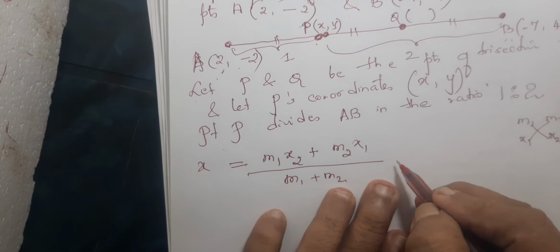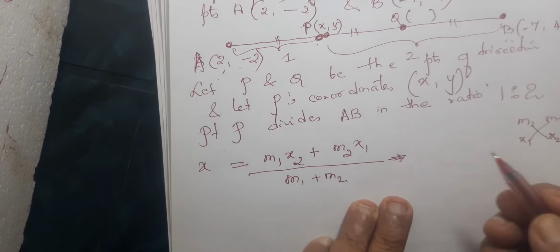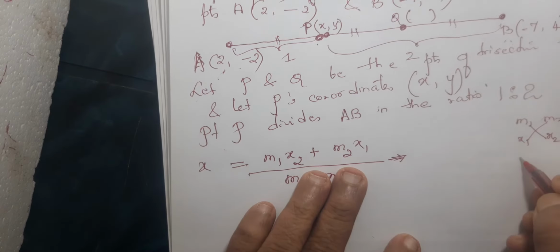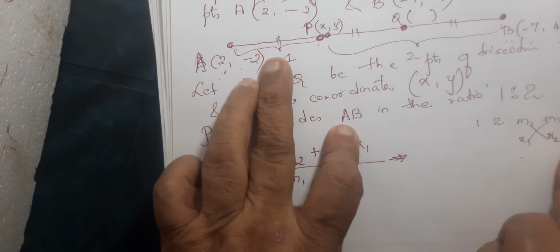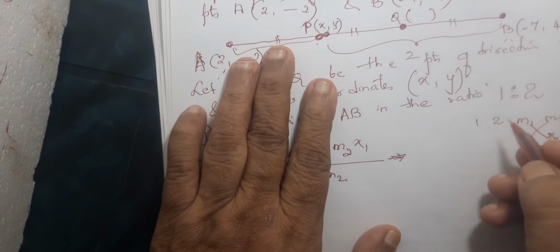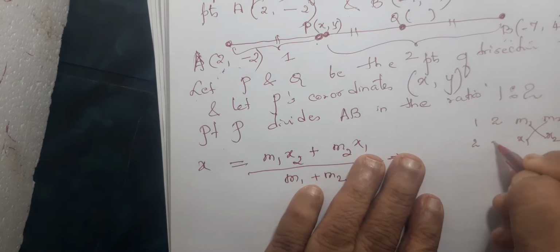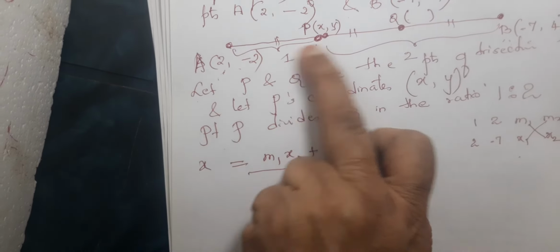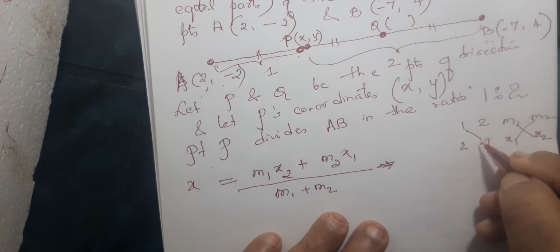So it is just the sum we did before. Now we can write here 1, 2, meaning the ratio 1 and 2, and the x coordinates of these two points, 2 and minus 7.